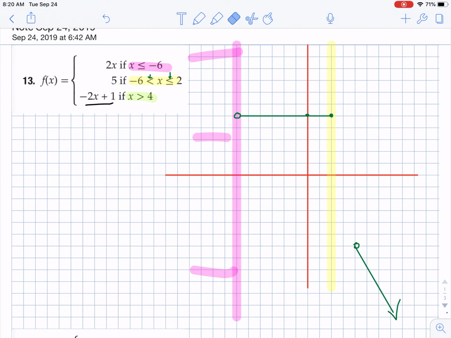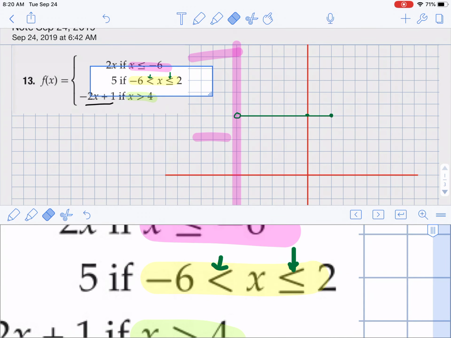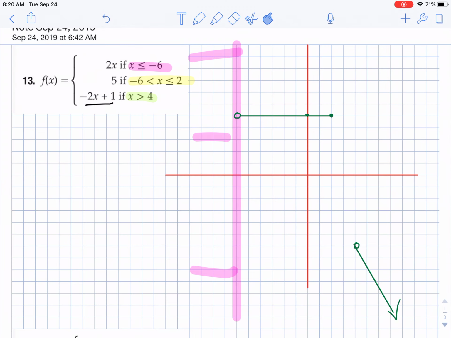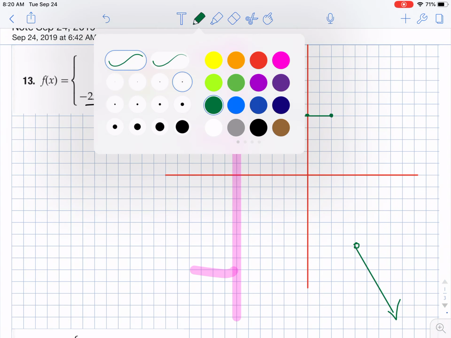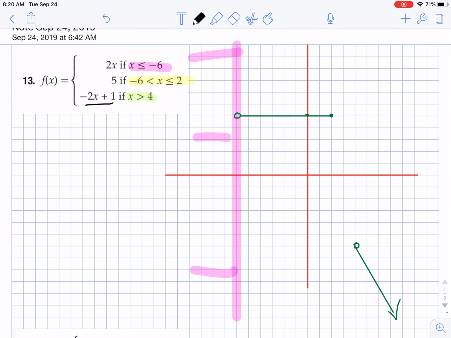So again, I can get rid of those boundaries. I don't need them anymore. And I'm also going to get rid of these little arrows that I drew. Put the gold back to match it up. And then for the last one, this one is a little trickier, because I'll do it in black again. The y-intercept is 0 and the slope is 2.